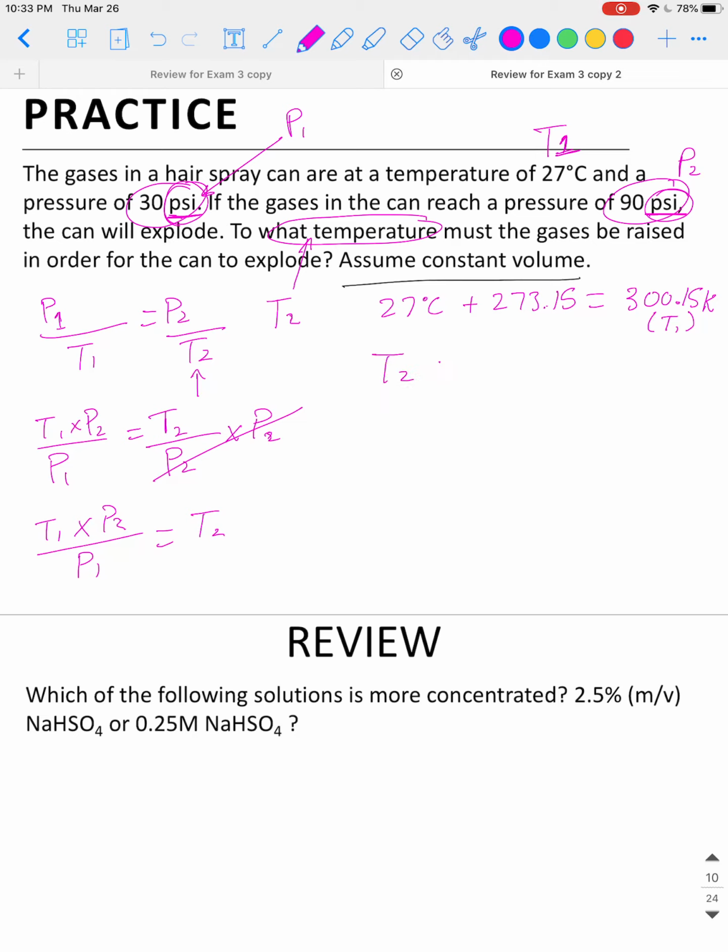Okay, so T2 equals, I'm just using this equation down here and plugging everything in. T2 equals T1, which is 300.15 Kelvin, times P2, which is 90 psi from our problem, divided by P1, which is 30 psi.